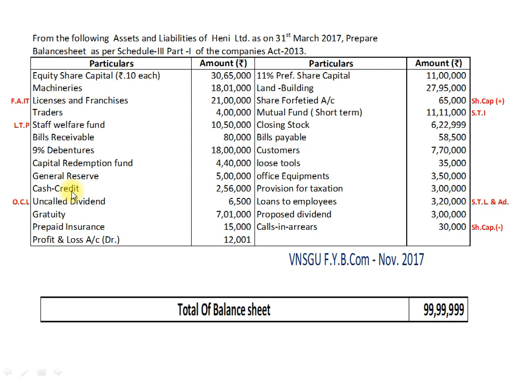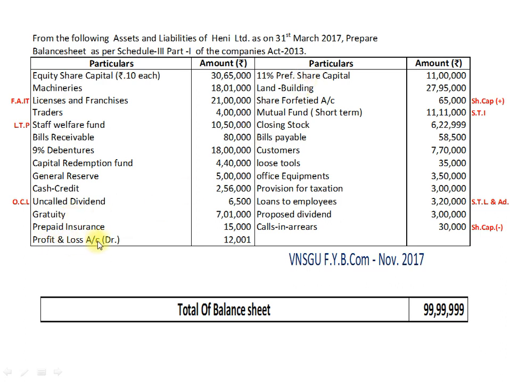Cash credit rupees 2,56,000 will be recorded as a current liability under short-term borrowings. Then uncalled dividend will be recorded as a current liability, other current liabilities. Gratuity will be recorded as a long-term provision on equity and liability side.